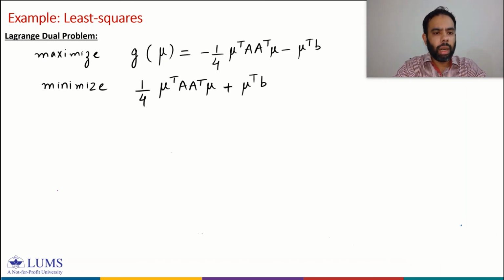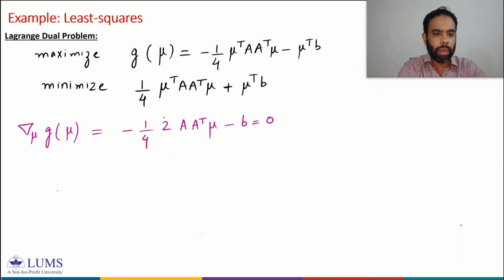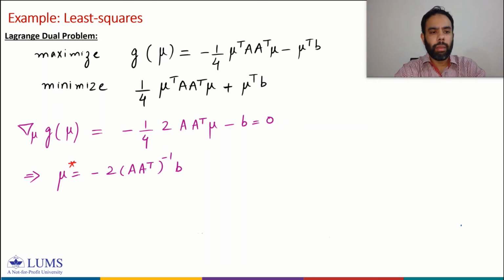We can determine the optimal mu for which the Lagrange dual function is maximized by taking the derivative of g with respect to mu. What we get is minus 1 by 4 (2 A A transpose mu minus b), and we set it equal to 0 to obtain mu. That mu would be minus 2 (A A transpose) inverse b. In fact, this is mu star, because this is the optimal mu at which the Lagrange dual function is maximized.